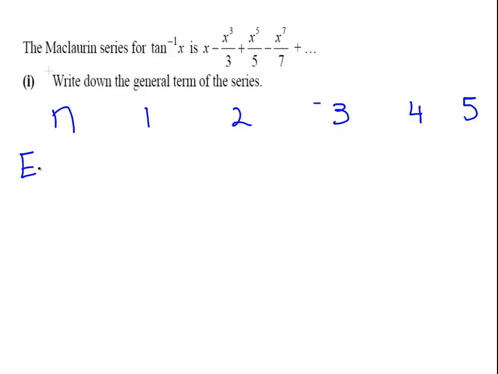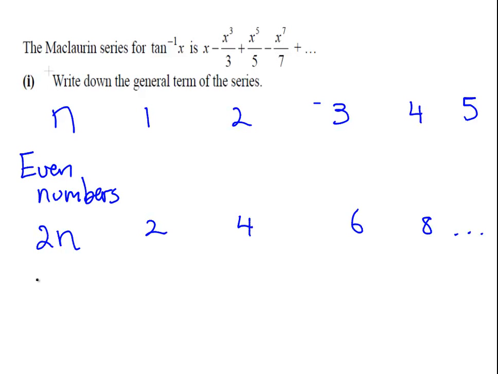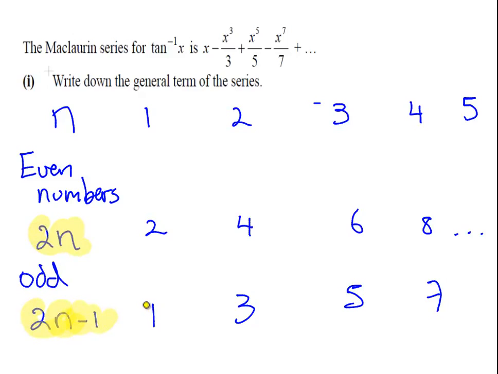Now, the even numbers, we're going to write them as 2n, which is 2, 4, 6, 8, 10, and so on. What about the odd numbers? So 1, 3, 5, 7. How do we get them? Well, we simply go 2n minus 1. So 2n and 2n minus 1. Okay, it's as simple as that.